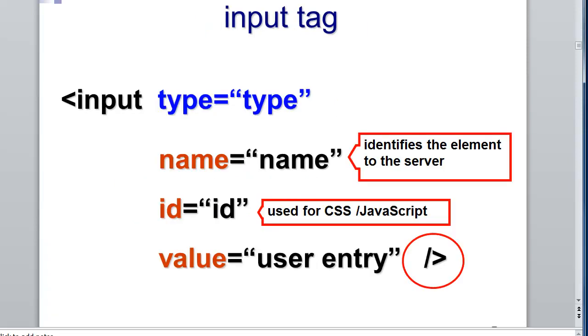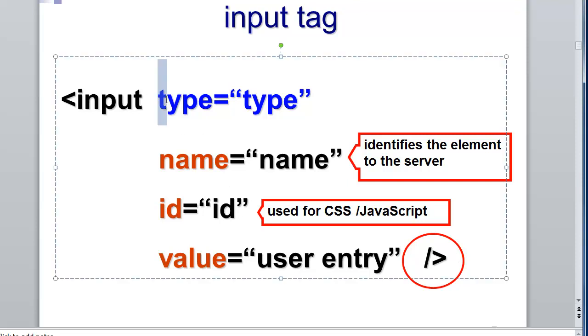Okay, so the most commonly used form element tag is the input tag. That is a one-sided tag, and if you notice here in XHTML we would have the closing slash, in HTML5 we would not, and most of my examples are showing the HTML5 syntax.